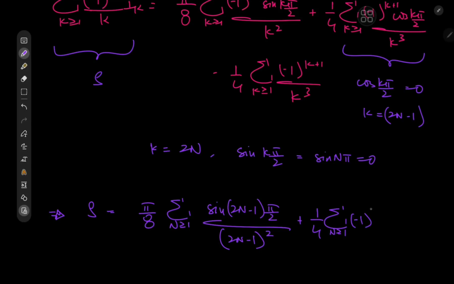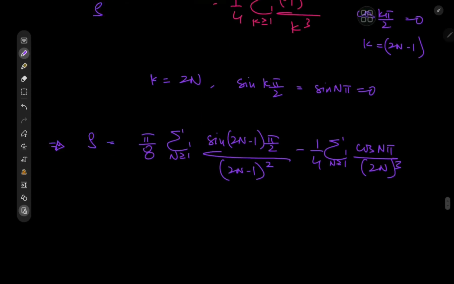For the minus sign term, we have negative 1 to the k with k equal to 2n, because for the odd values of k the terms in the sum vanish. So we have negative 1 to the 2n minus 1, which is of course equal to negative 1. That means we have a negative sign outside. And now for the sum, we have cosine of 2n times pi by 2, which is cosine n pi, divided by 2n cubed. Okay, cool.